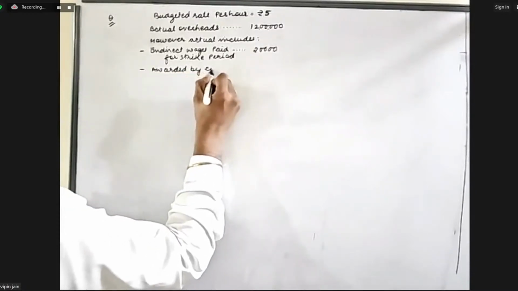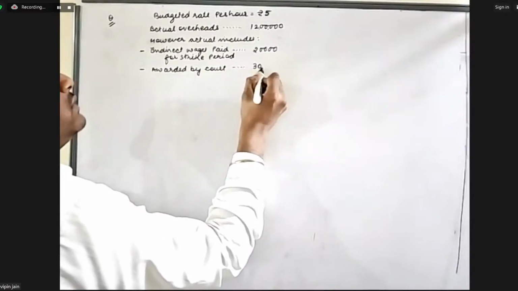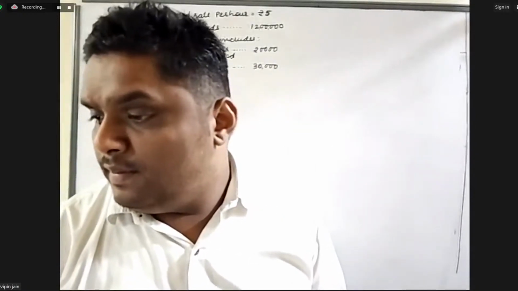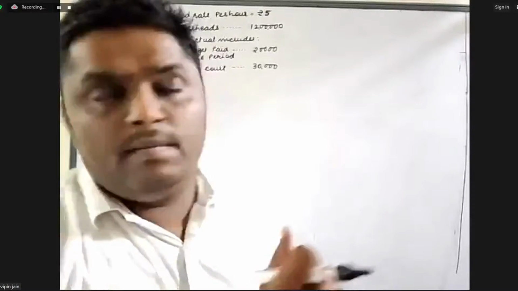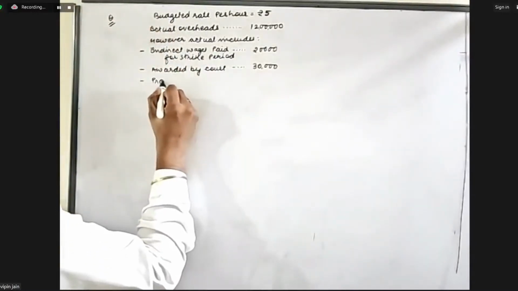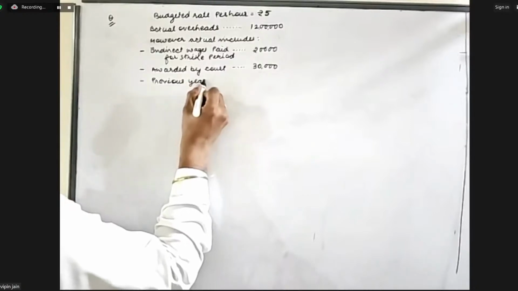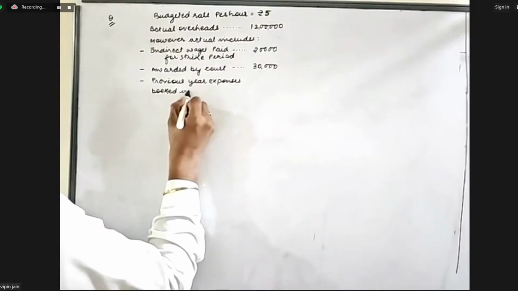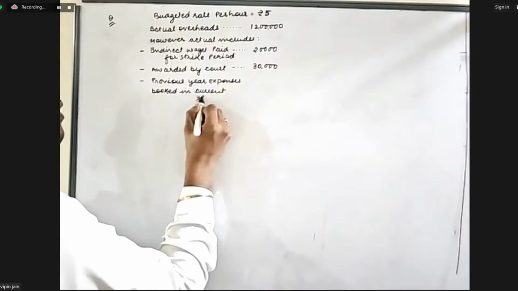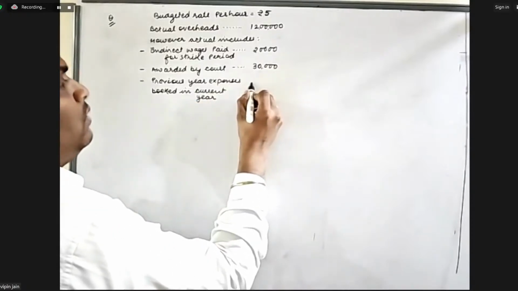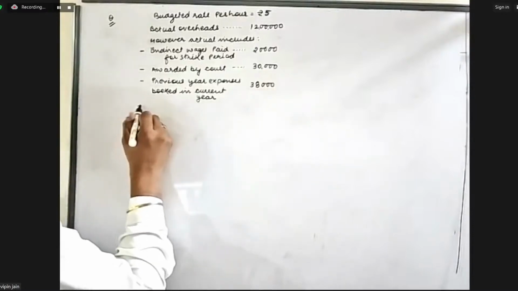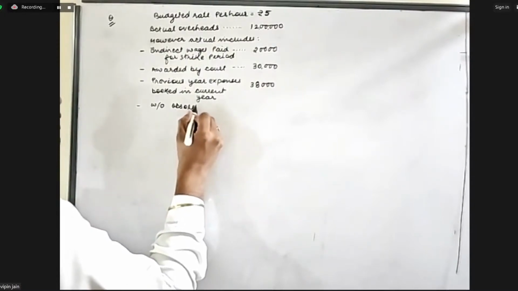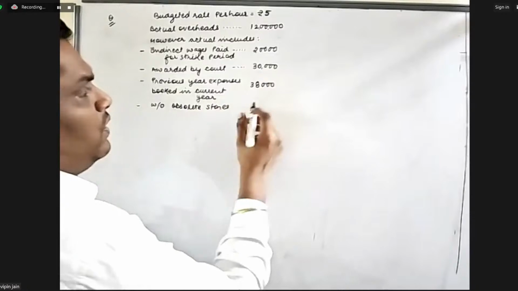Awarded by court, 30,000. Previous year expenses booked in current year, 38,000. Return of obsolete stores, 20,000.